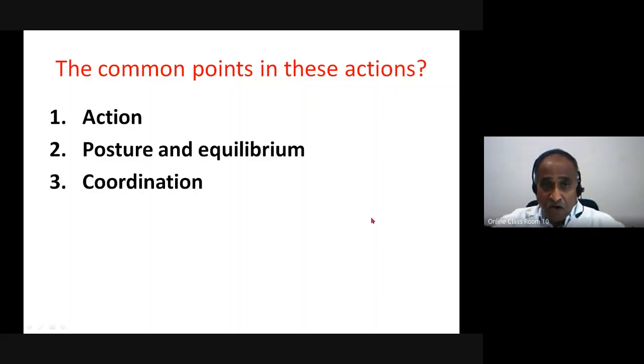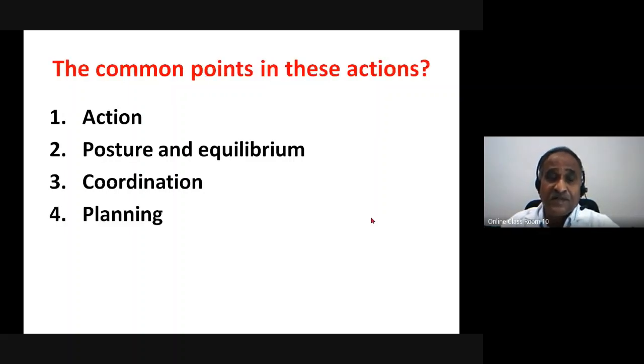Then coordinating, trying to balance or coordinate one event after another. You see those two dancers, they are trying to coordinate with each other, or even within the actions there is a coordination. That is another common point. Fourth one is the planning of the action.